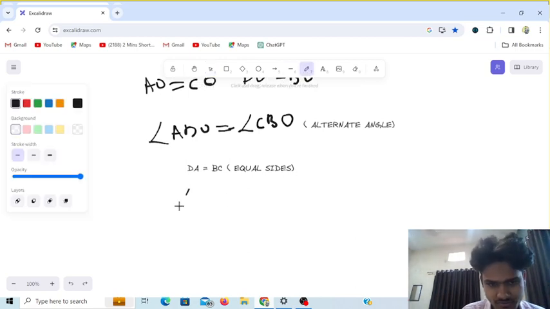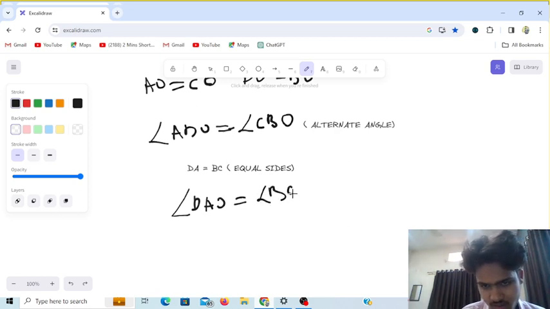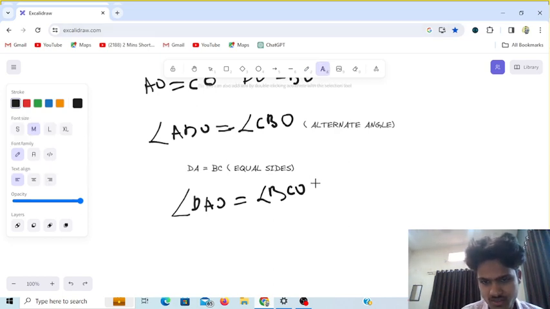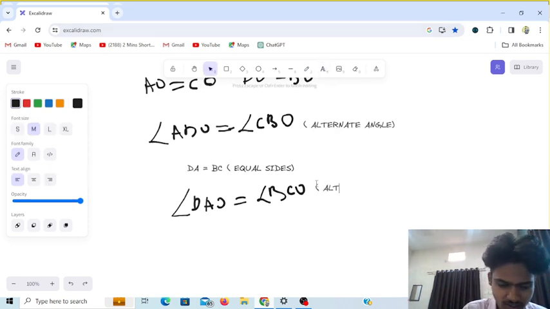Then we can write angle DAO equal to angle BCO. Here we also give the same reference, alternate angle.